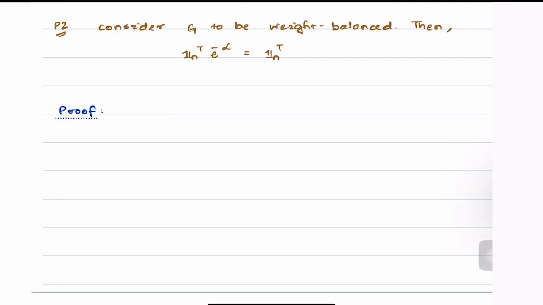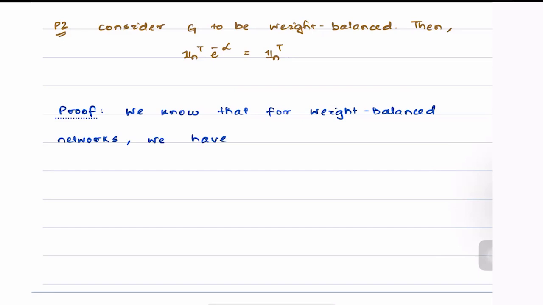Then we know that for weight balanced networks, we have 1n transpose times L adding up to the 0n vector.